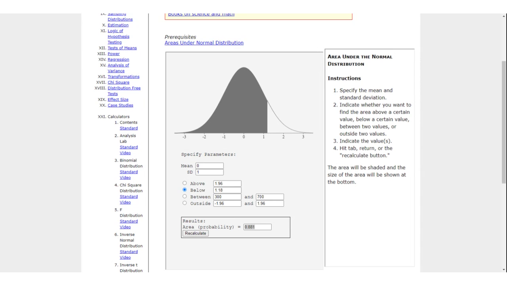Standard deviation is called a z-score. 1 minus 0.88, so that's the complement rule.